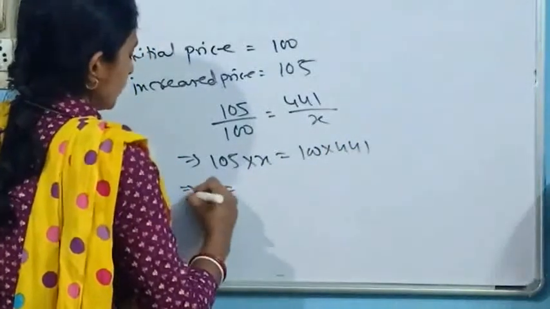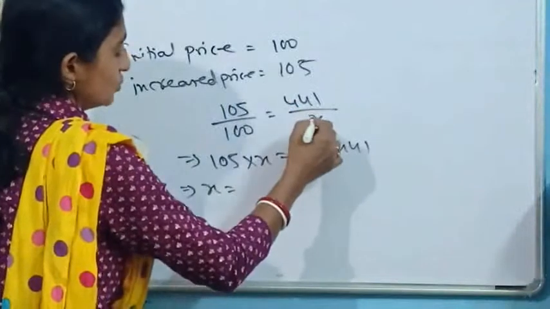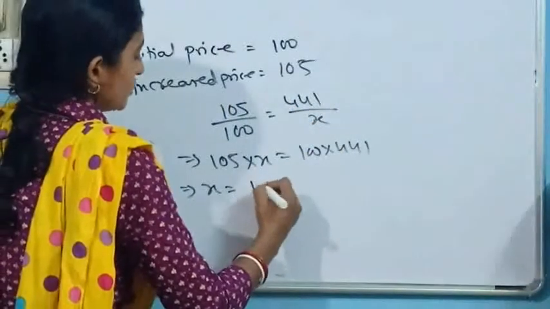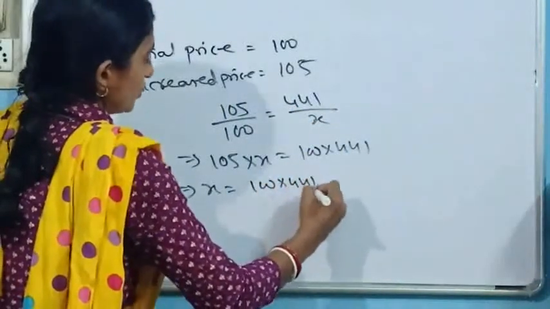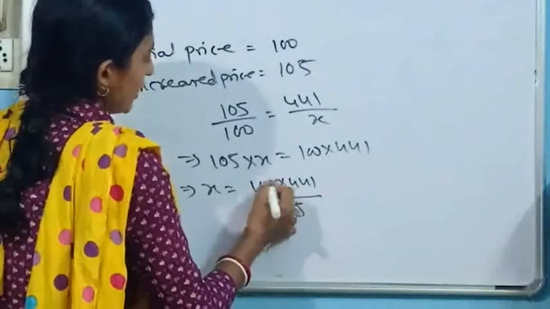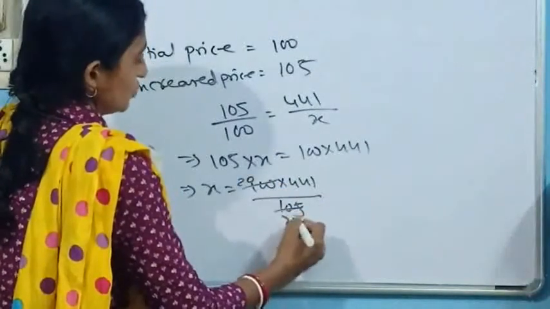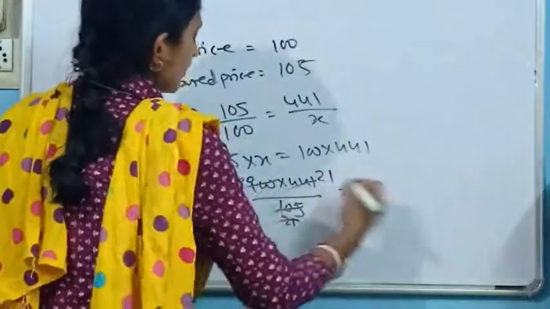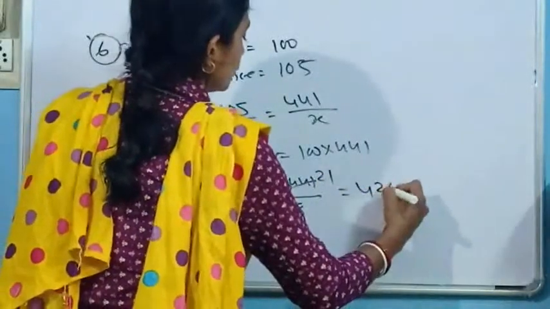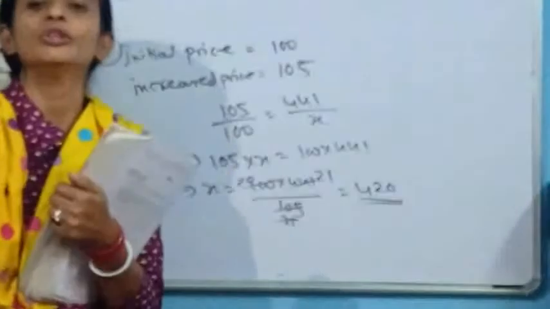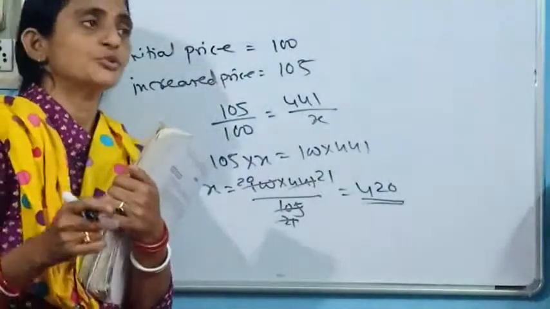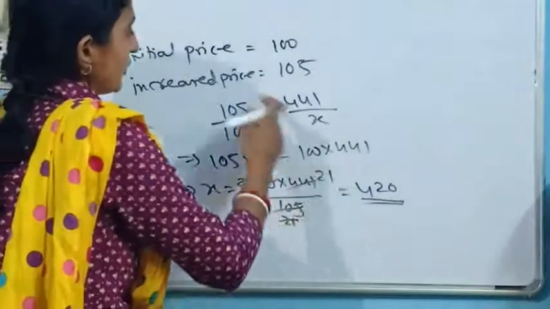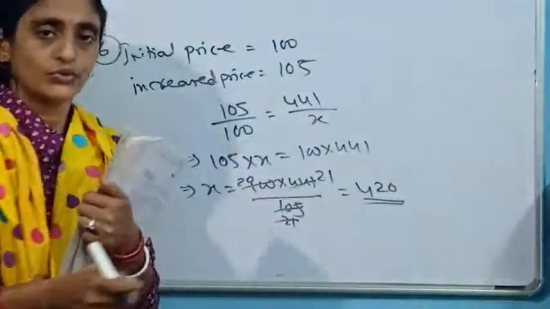So x, that means the unknown original value, will be 100 into 441 by 105. Let's cancel: 21s are, then 21s are. Let's multiply these two. We are getting 420. Yes, that will be the original price. That means before increasing the price by 5%, it was 420.